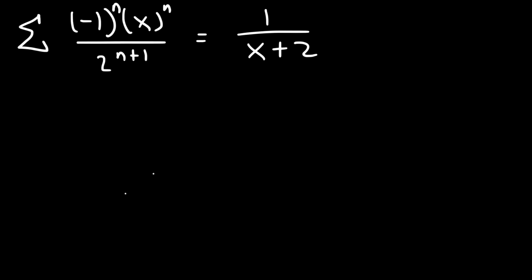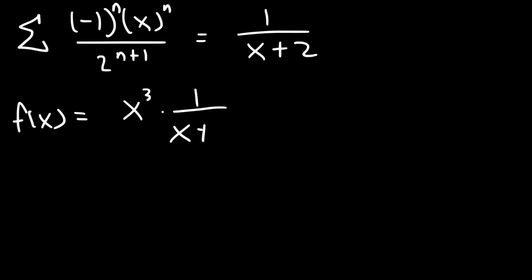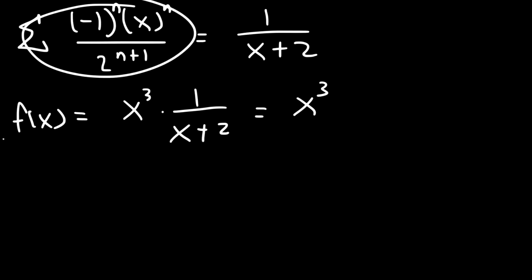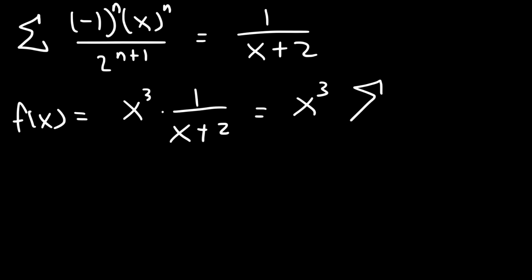Now, if 1 over x plus 2 is equal to this series, then f of x, which is x cubed times 1 over x plus 2, that's going to be x cubed times the power series that we have up there.